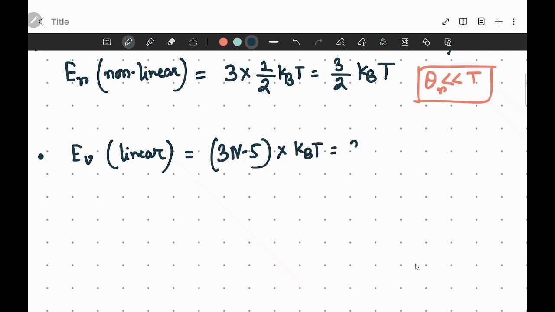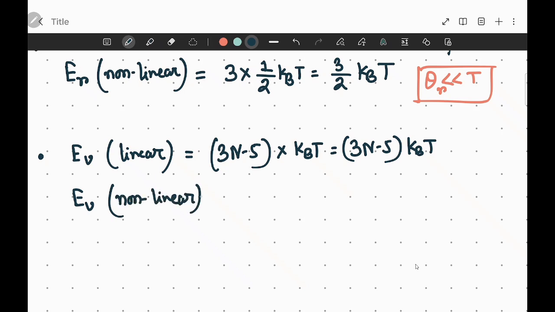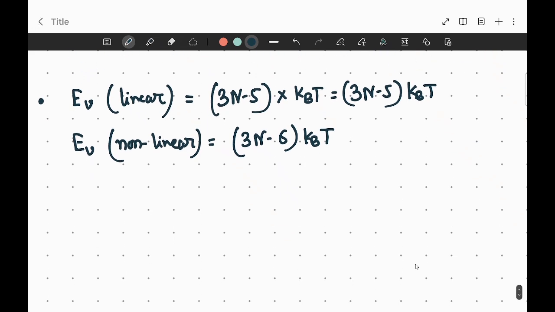So this is our 3n minus 5 kBT. In the case of non-linear, it will be 3n minus 6 kBT. So these are the total equipartition energies.